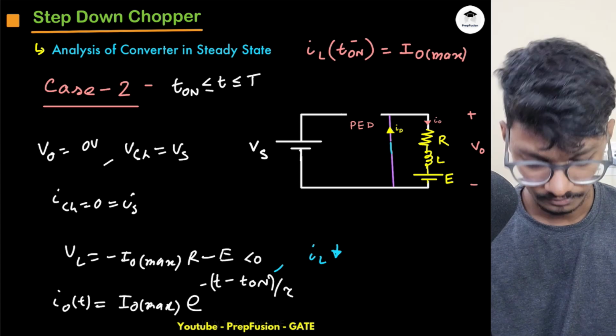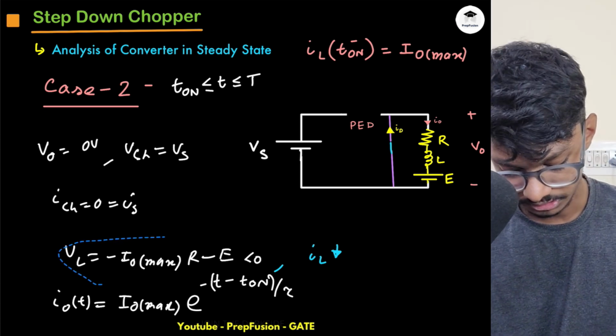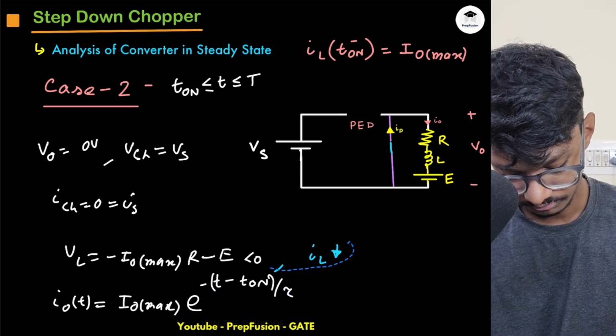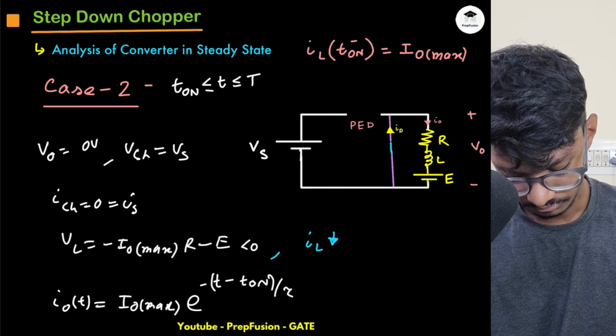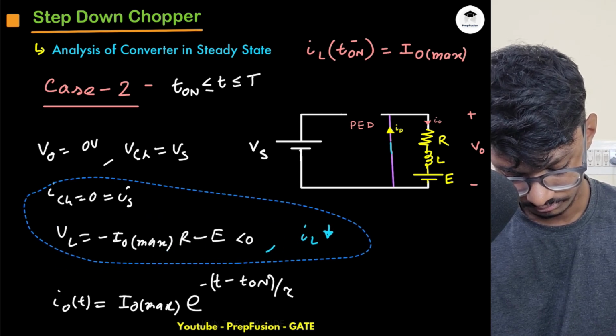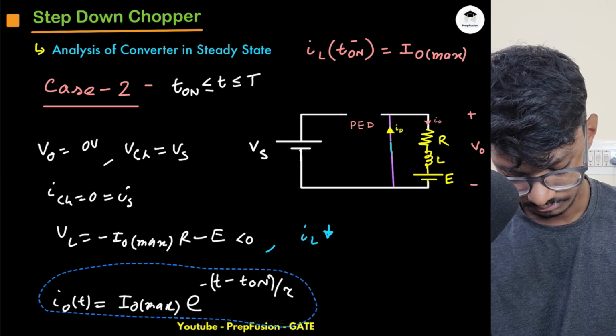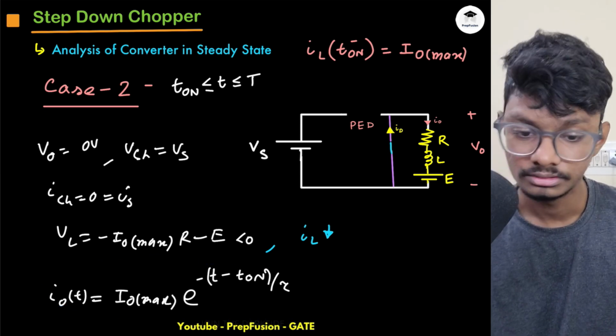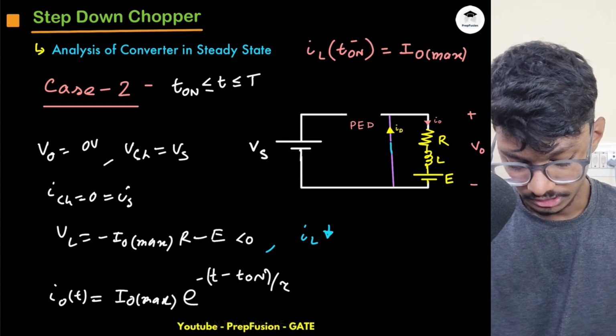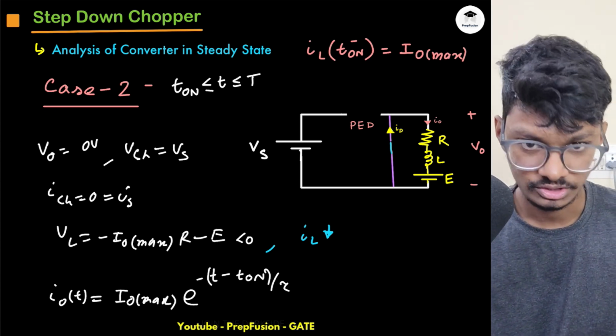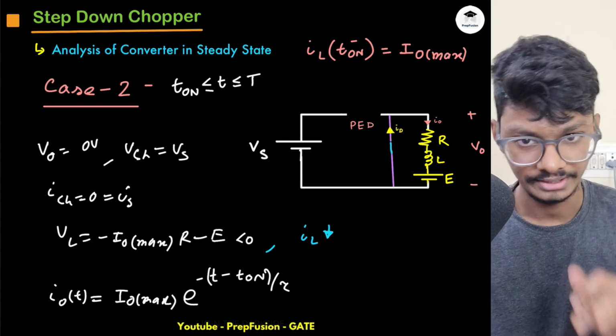So this is the current. It will reduce, but obviously it won't go to 0. It will go to IO minimum at t equals capital T.